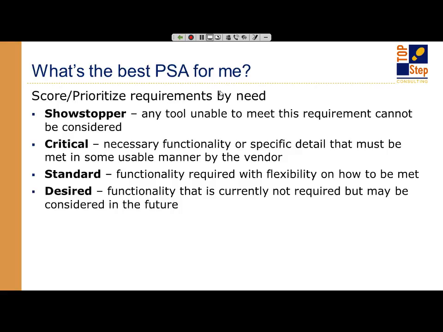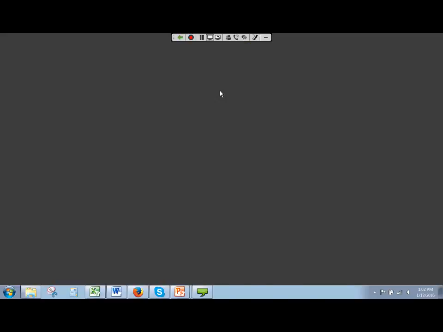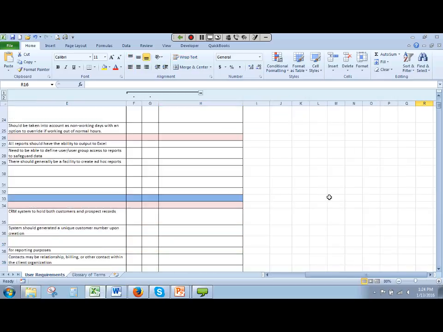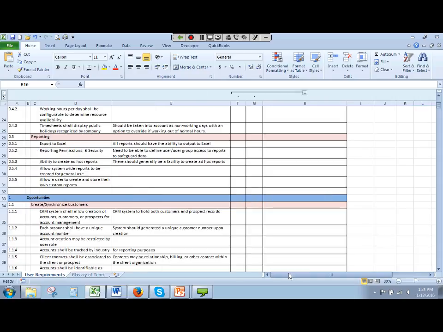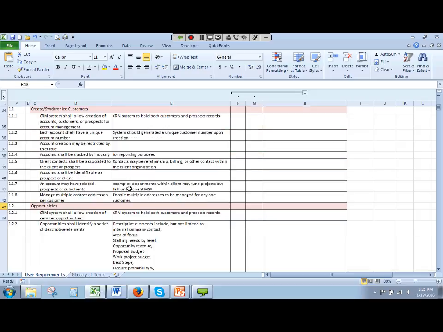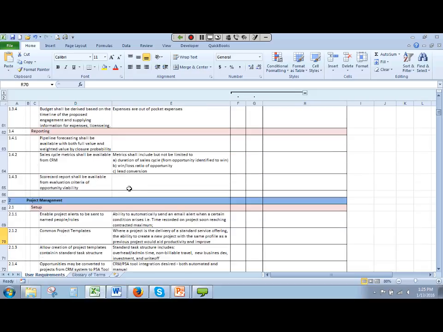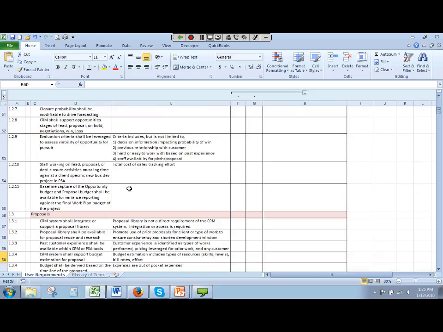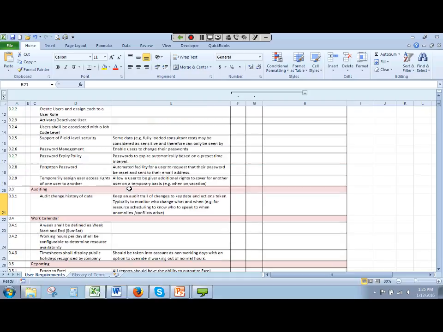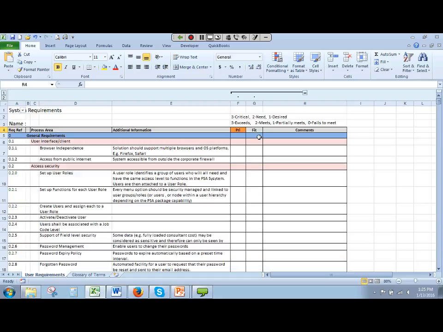So I have an example of tool selection requirements that I've worked with customers on. Definitely group them by various areas, things like general requirements, opportunity tracking, project management, resource management, any kind of setup that's required, any kind of workflow that's required, any kind of reporting that's required, and then identify whether each is critical, standard, desired, or showstopper.